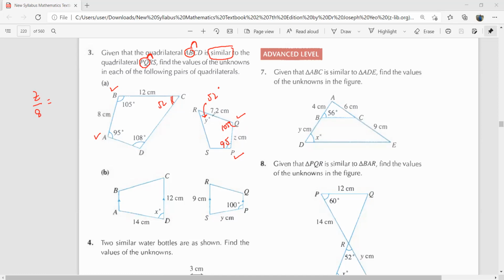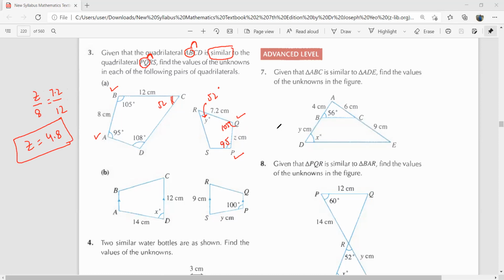So next time when you write the next fraction, you have to write the side of this shape in the numerator. So I'll be writing that as 7.2 over 12. So if you simplify this, you can get to this z. I think that would be 4.8 if you use your calculator. So this z will be 4.8.